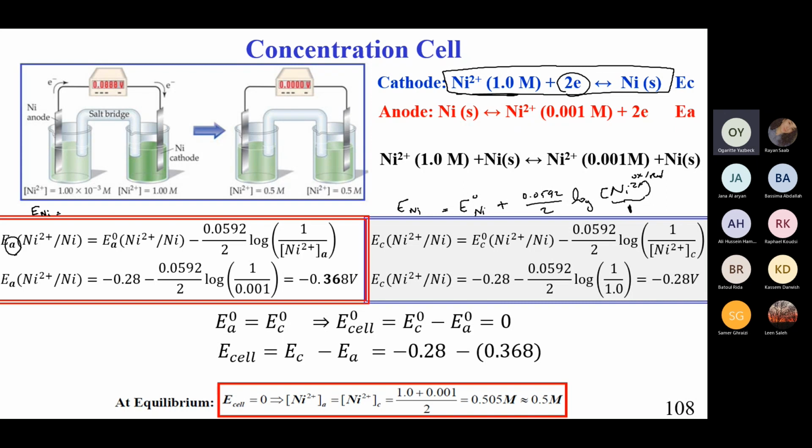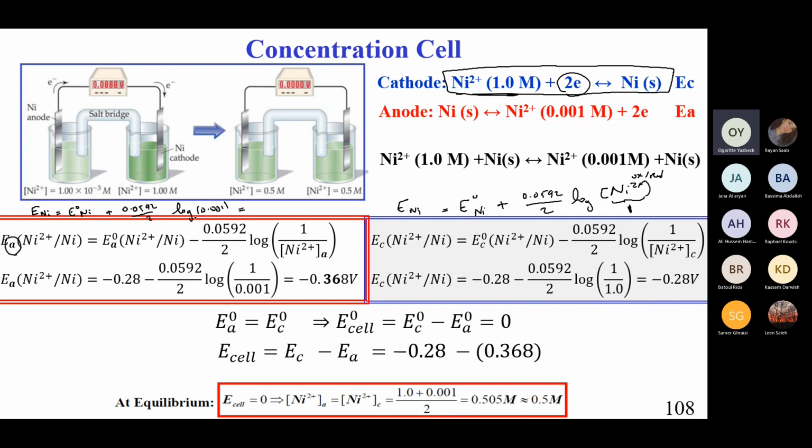E of the nickel. Is it any different? No, the equation is the same. Exactly. So plus 0.0592 over 2 log of the nickel 2 plus concentration at the anode side, which is 0.001.